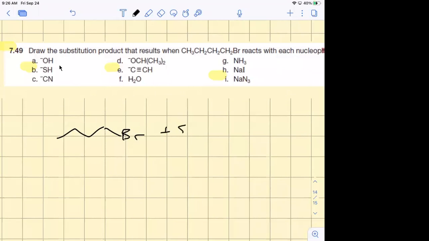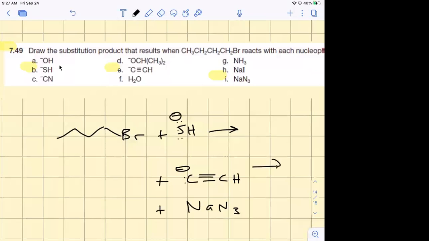But if I react this with SH, what am I going to get? Anybody? Don't all speak out at once now. The internet might shut down.